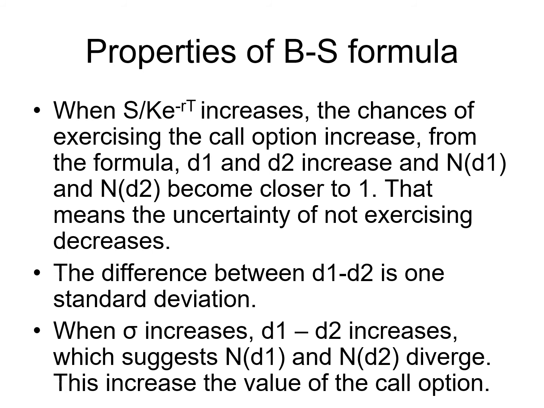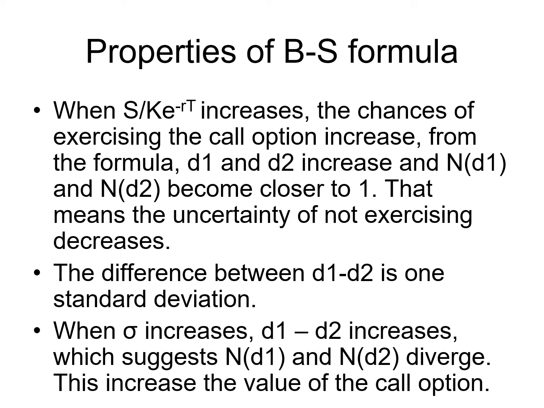Properties of the Black-Scholes formula. When S over K times e^(-rT) increases, the chance of exercising the call option increases. From the formula, D1 and D2 increase, and N(D1) and N(D2) become closer to 1.